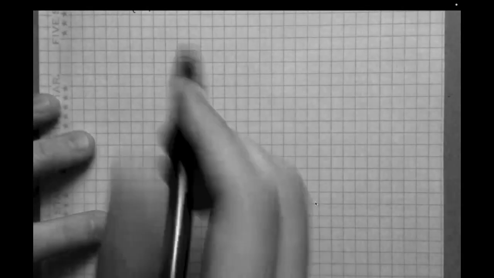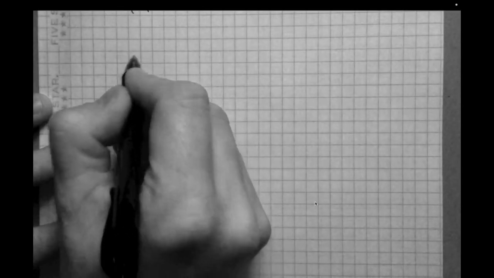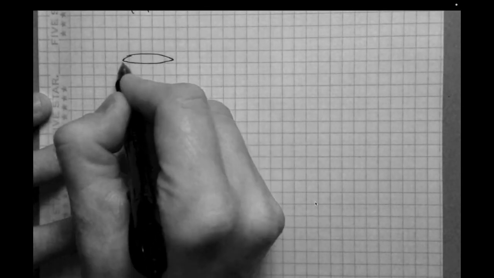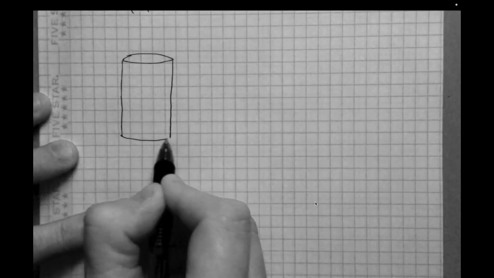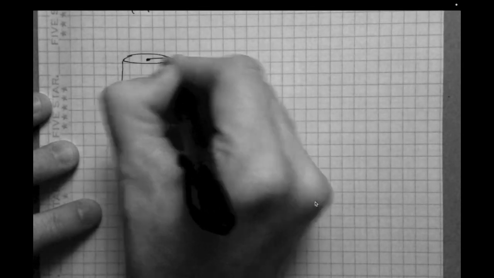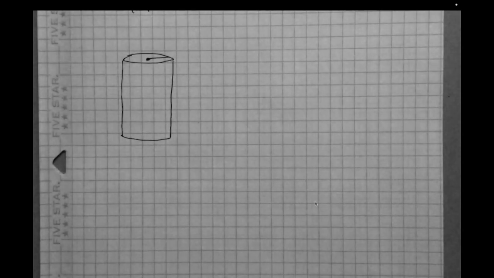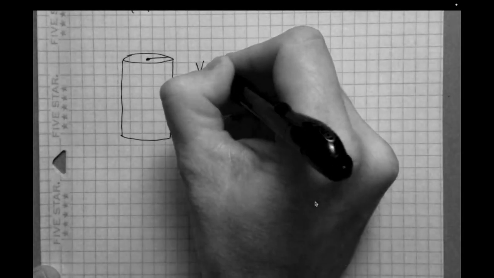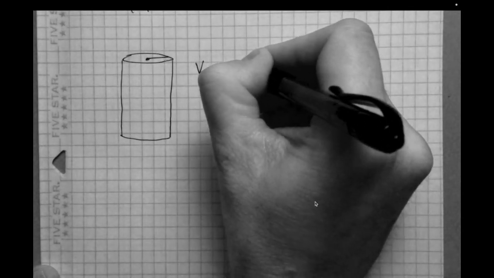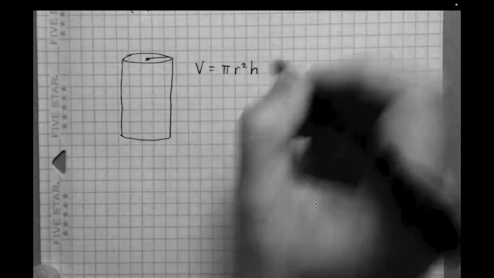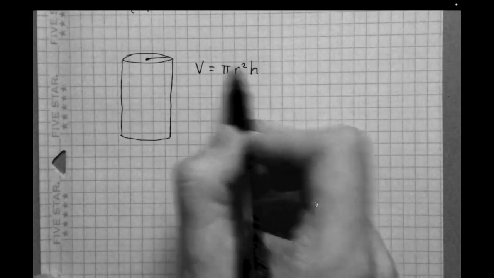Right? Like a right circular cylinder, if you think about what that looks like, here you've got the top, and then you've got some height here. And if you think about the volume of this, the volume here is equal to pi times the radius squared times the height, basically the area of the circular base times the height.